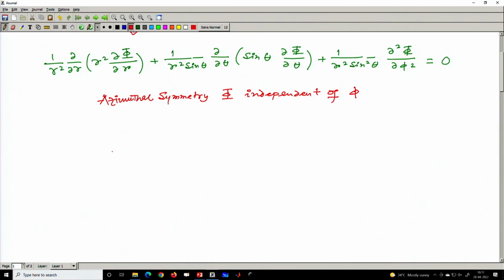So then this term will no longer be there, this derivative will be 0.